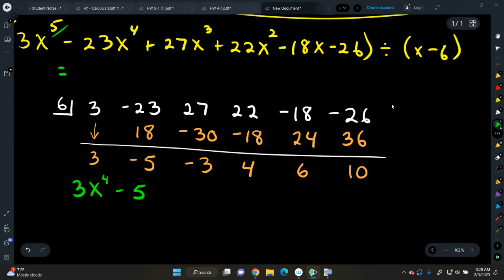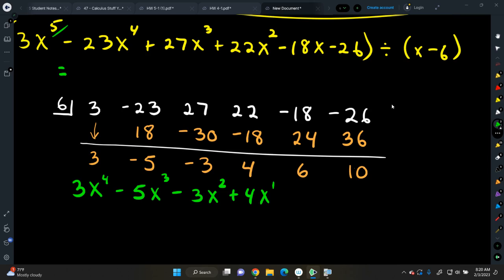So -5x to the third. Minus 3x to the second. Plus 4x to the first. You don't have to put the 1 there. So now I don't have any more x's left. So this is +6. That's called our constant. Plus the remainder of 10.